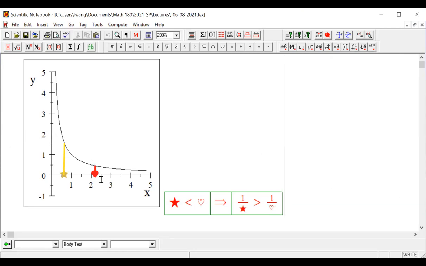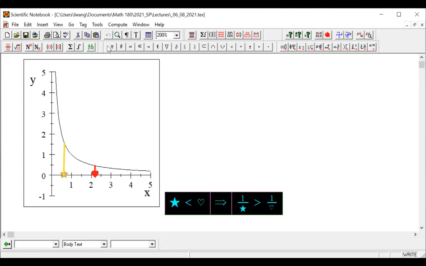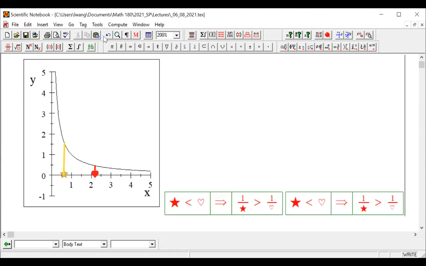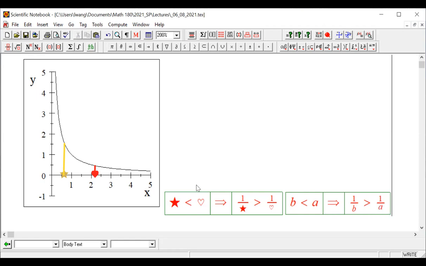So this is always true. What is always true? In our situation, we have B less than A, so symbolically, then 1 over B is larger than 1 over A. This is always true. So this is the visual. I promise you, you're going to get to use it in your calculus class somewhere.